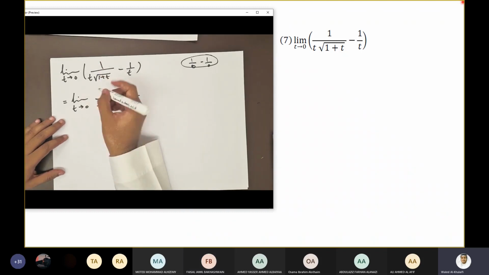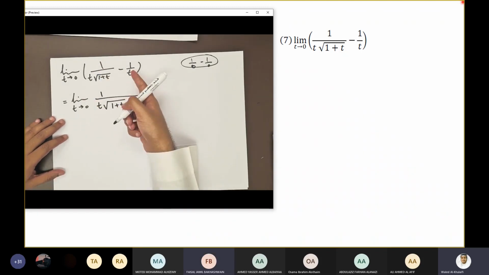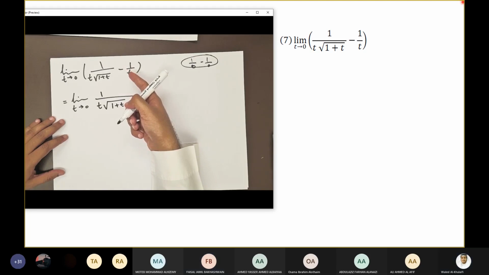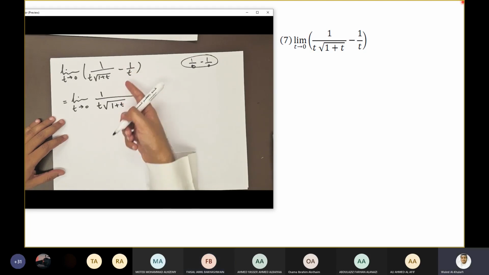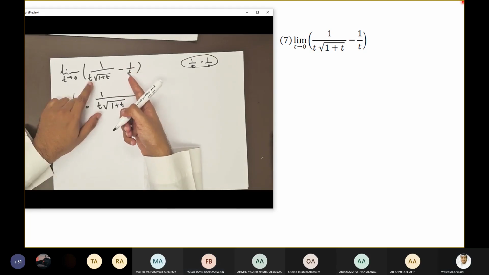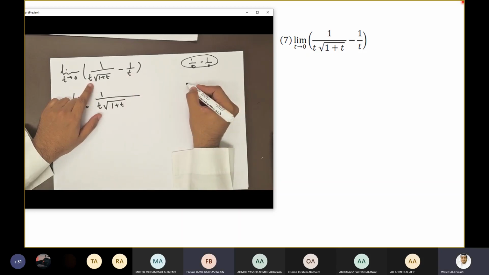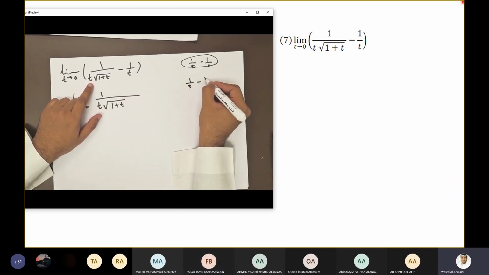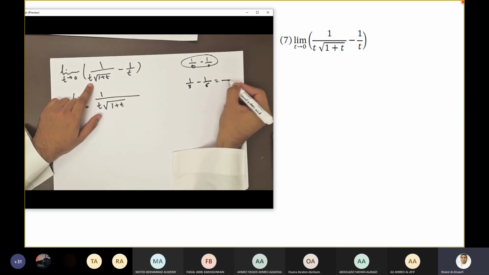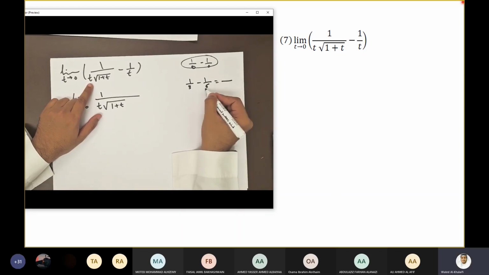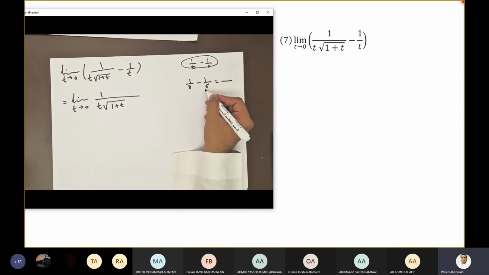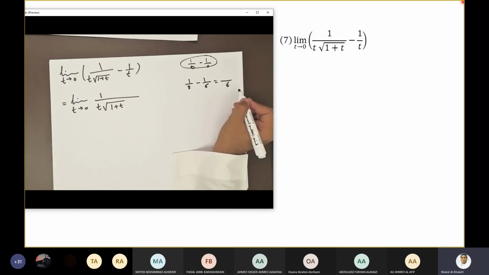That means the 1 stays the same, and here I have to multiply. No need for t square. For example, when you have a fraction 1 over 3 minus 1 over 6, what will be the common denominator? What is the least common multiple? It is 6, right?